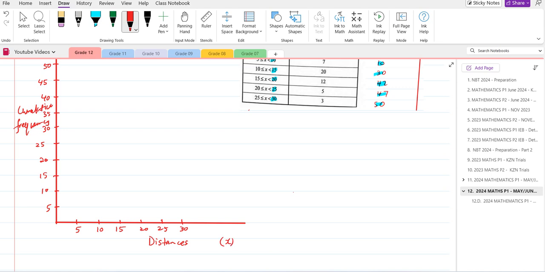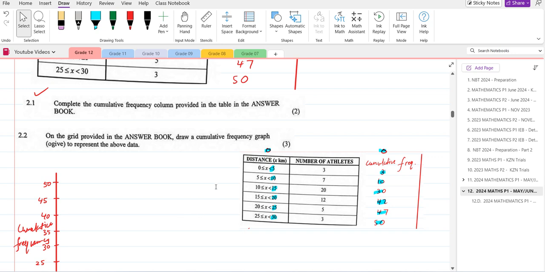These are the cumulative frequencies, and this is the ogive.